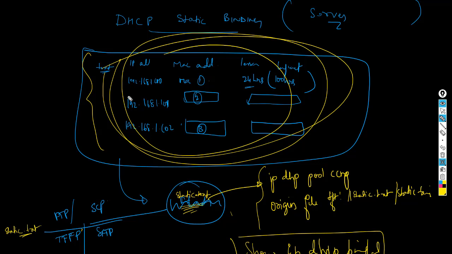I can put a static IP, but doing it one by one is painful. There can be 50 to 60 devices you might have to reserve, right? So you can make use of this method to statically bind. It's the simplest option to do that.